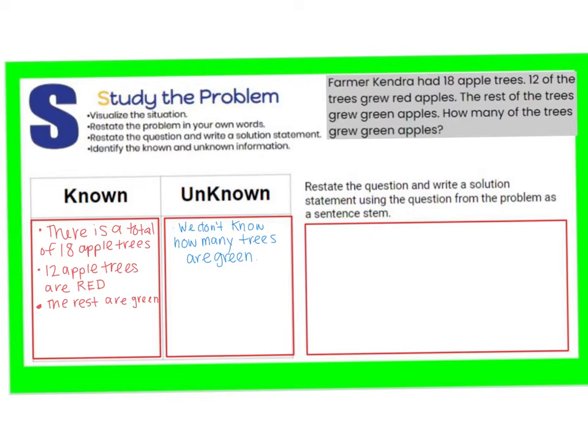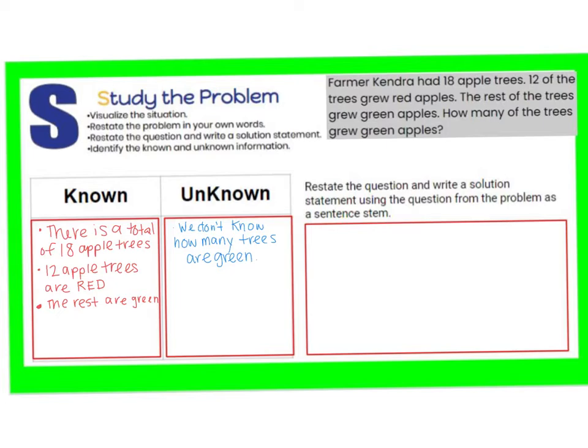Okay, so we don't know how many trees are green. Now we're going to restate the question so that we can use it as a sentence stem, so that when we find our answer, we know how to answer the question in a complete sentence.